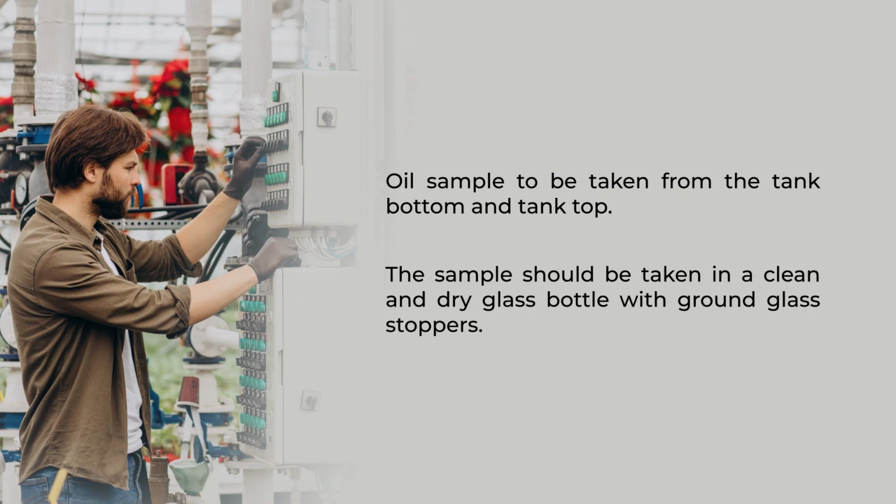For testing of this transformer oil, the oil sample has to be taken from the tank bottom and tank top. The sample should be taken in a clean and dry glass bottle with ground glass stoppers.